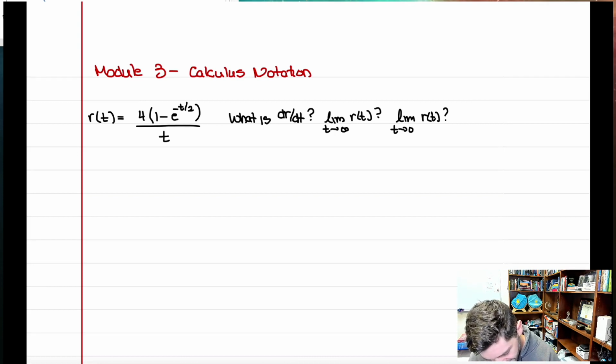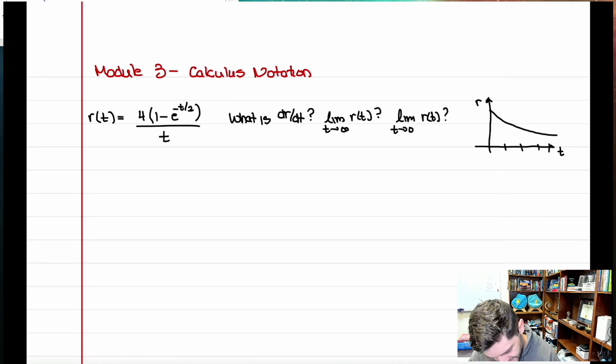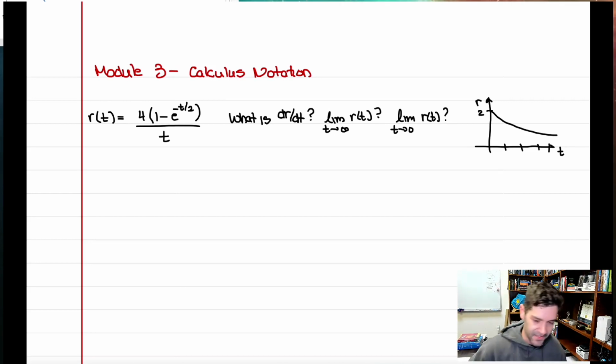Of course, we could always start with a graph. If you're analyzing functions, it's always good to start with a graph if you can do it. If you were to graph this on a calculator, you would see that it looks something like this. Maybe this is a couple seconds, and it seems to reach the value of 2 as t goes to 0. It seems like it's getting smaller and smaller as t gets big, and that makes sense to me, because as t gets really big, the exponential is going to die off.